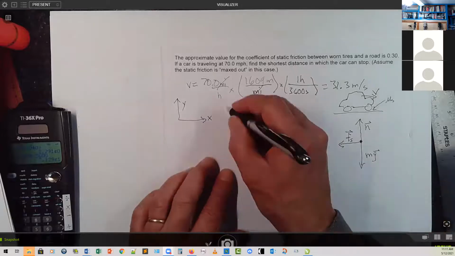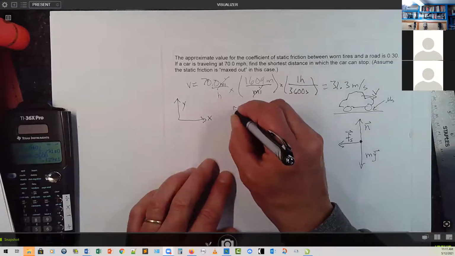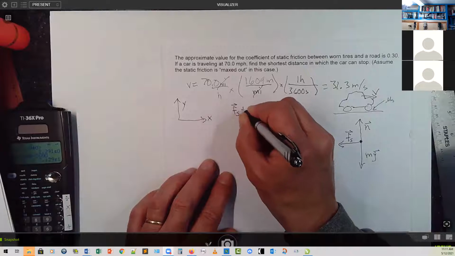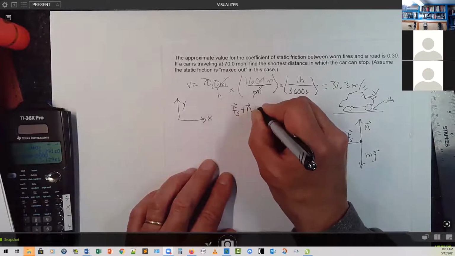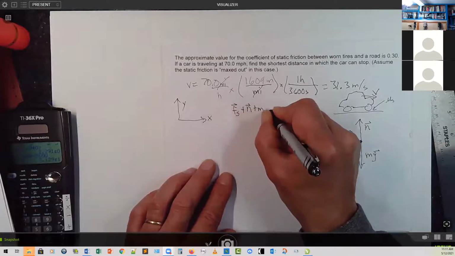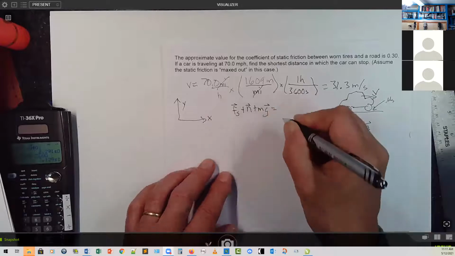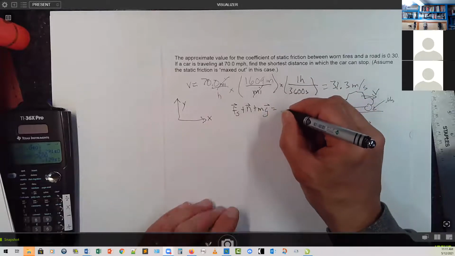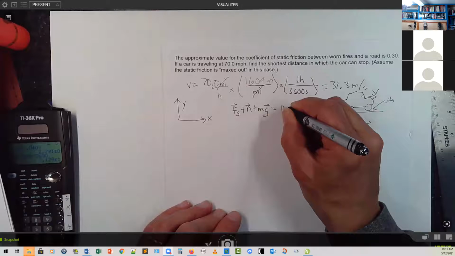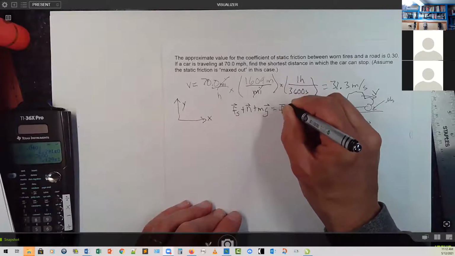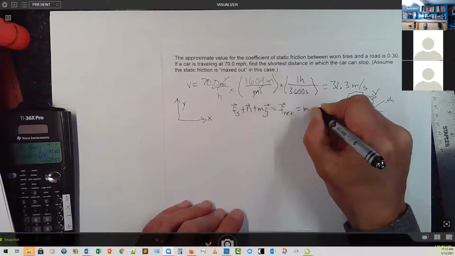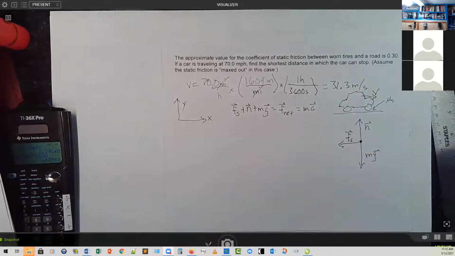And what I mean by that is that I just do this. I'll go F sub S plus N plus mg. Those are the three forces acting. When you add them together, you get the net force. So that'll be my F net, and that'll equal the mass times the acceleration that I have here.